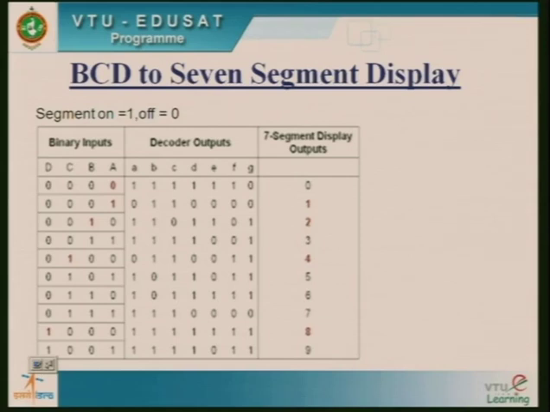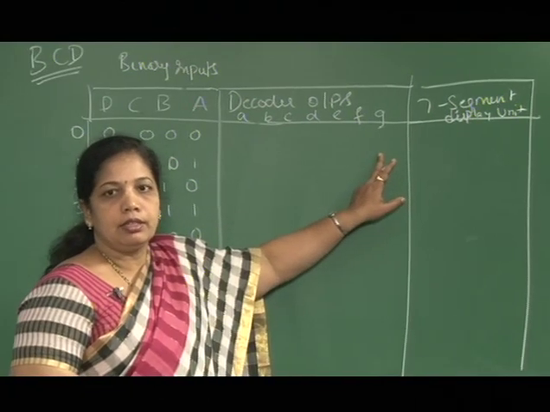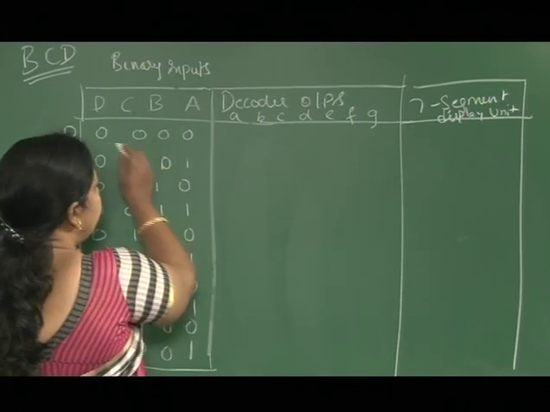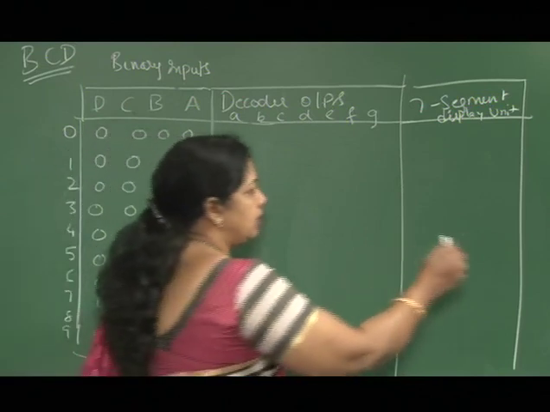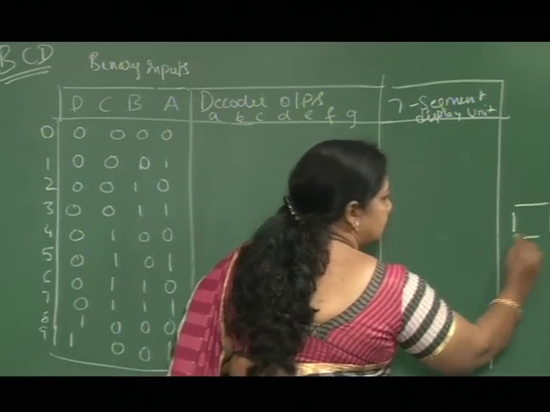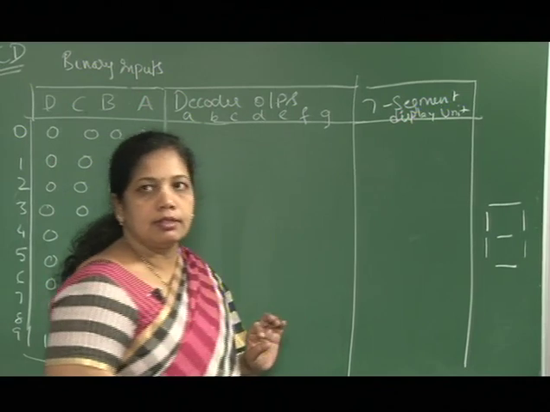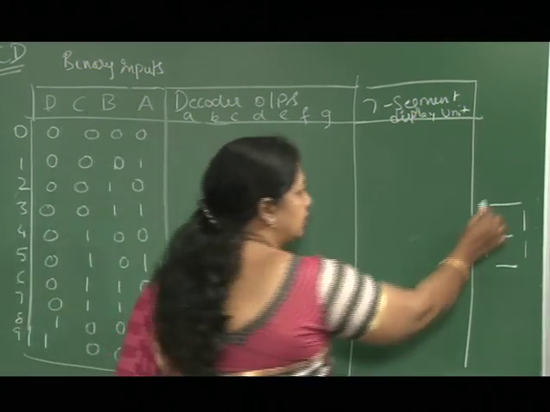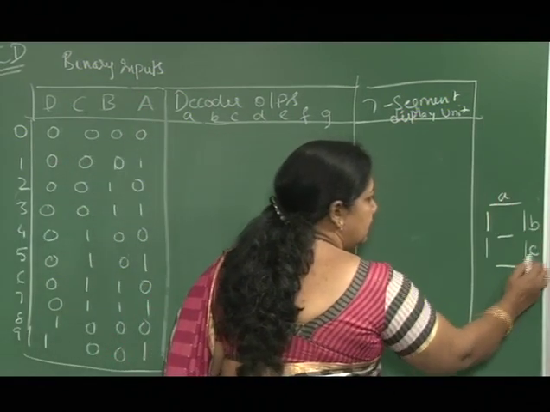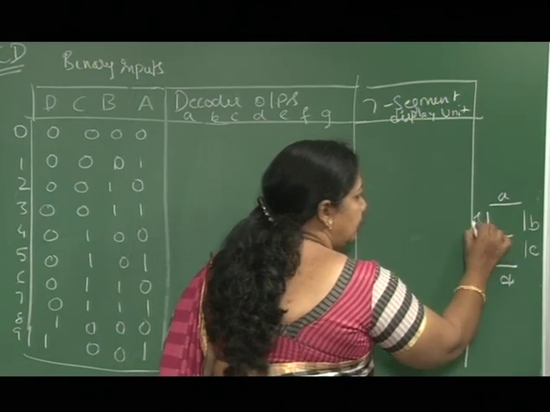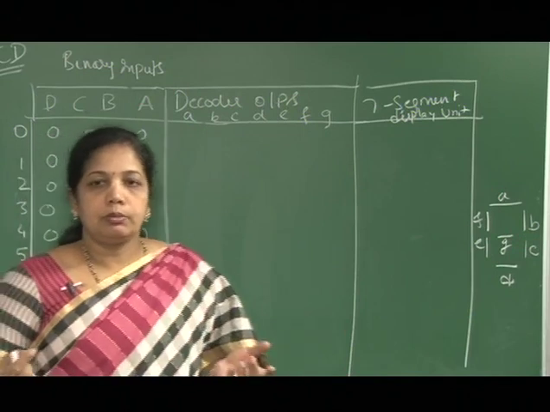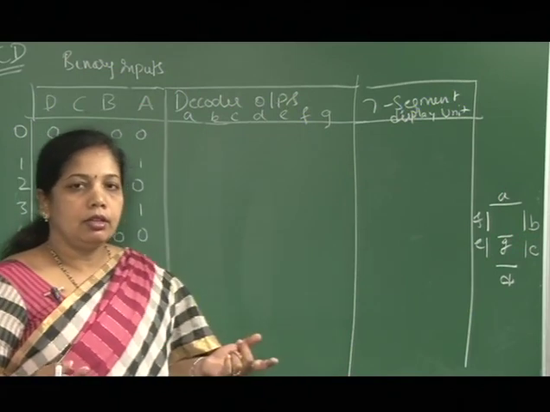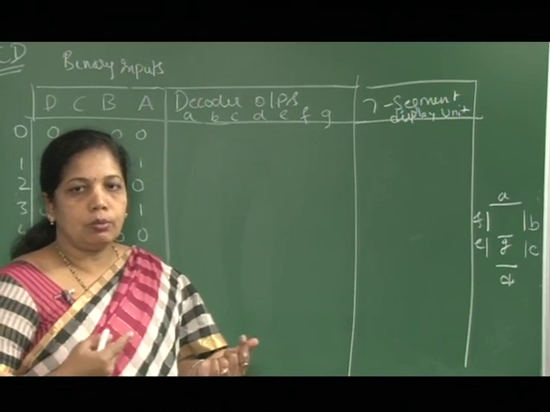Now let us discuss how exactly you are going to get these outputs. So we have 0 0 0 0. Whenever I want to display 0, as you know, we have a unit like this. In this unit, this represents A, B, C, D, E, F and G. Suppose I want to display 0, then what are the LEDs that should be on?